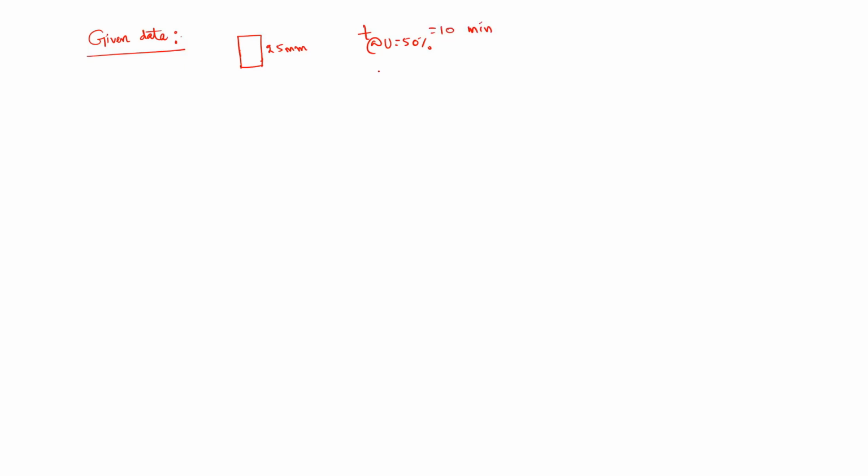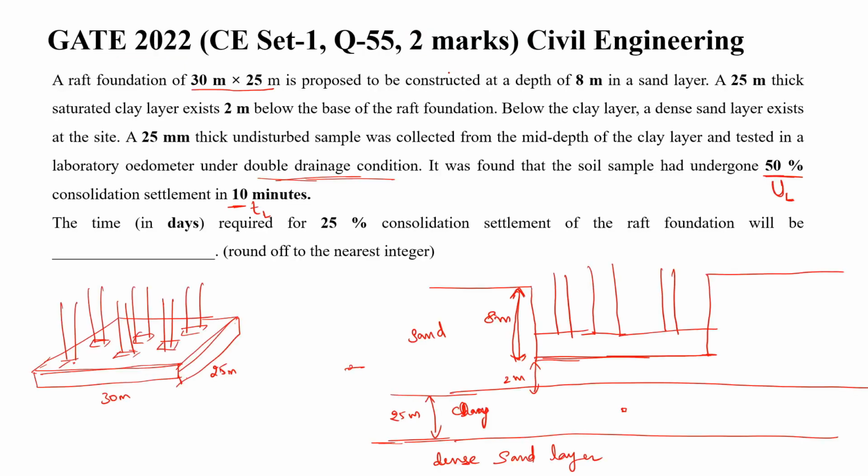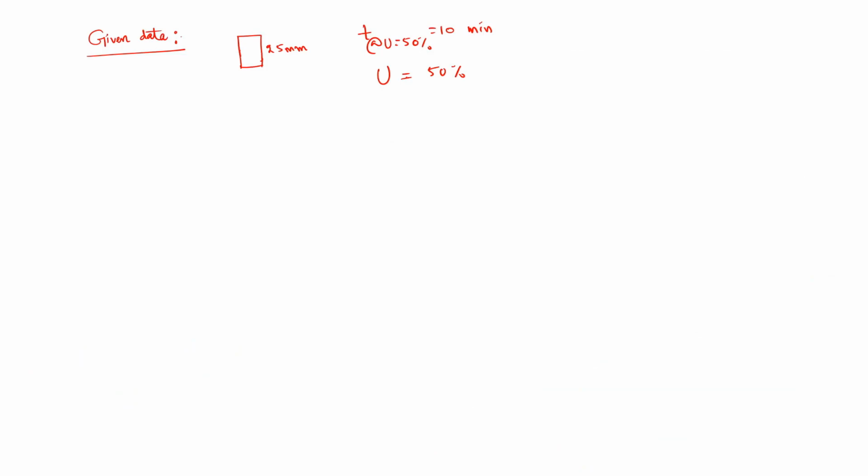Okay, and consolidation amount is 50% of the consolidation is done. Next, so drainage condition is double drainage condition.